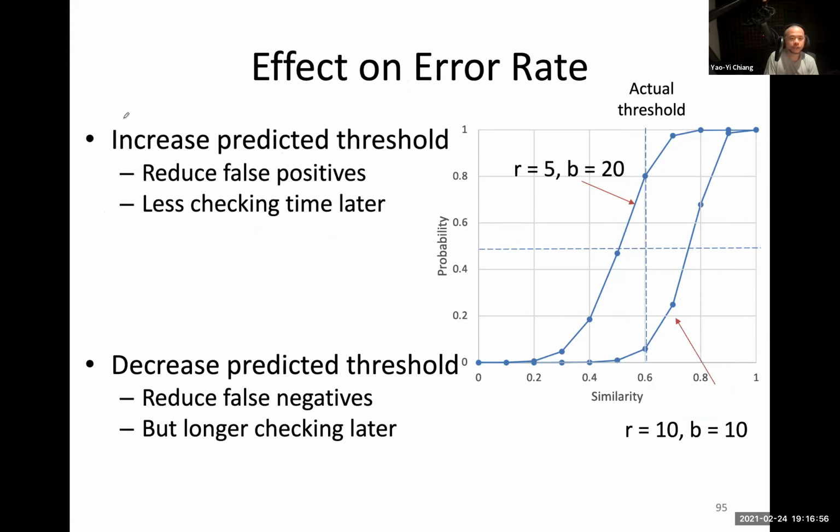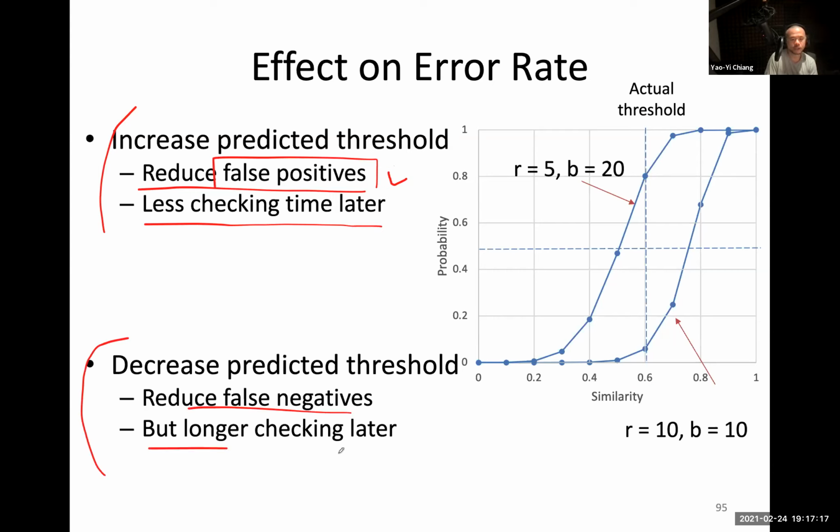Increasing the predicted threshold will reduce false positives, meaning less checking time later, because if you want to verify them, you have to compare every predicted positive, including false positives. Decreasing the predicted threshold will reduce false negatives, but means longer checking later, okay?